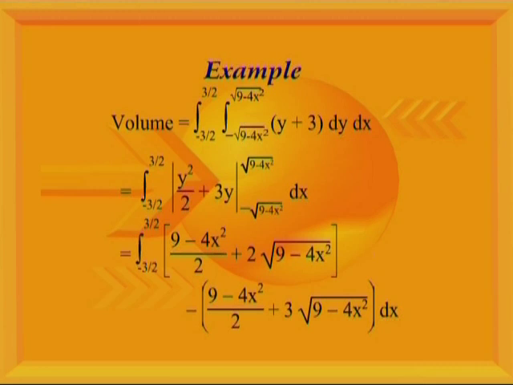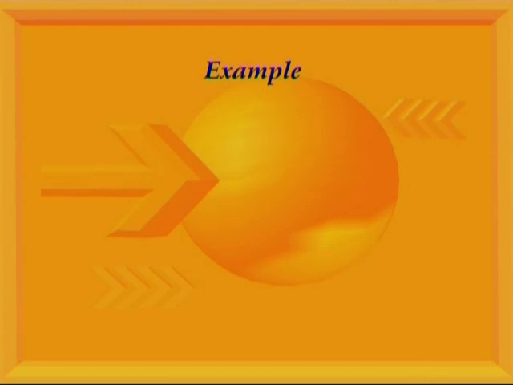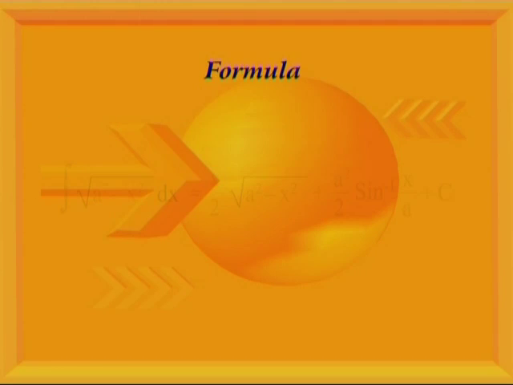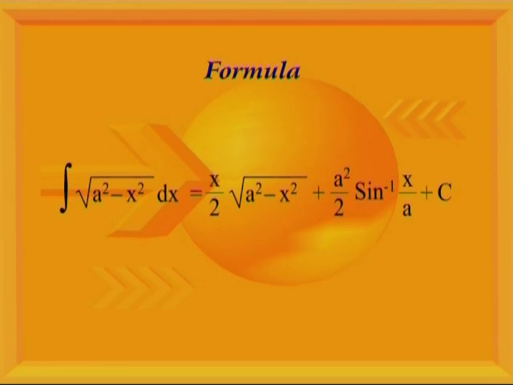After simplification, the function which we are integrating becomes 6 into square root of 9 minus 4x square. And now we will integrate this with respect to x. This is of the form the integration of square root of a square minus x square with respect to x.